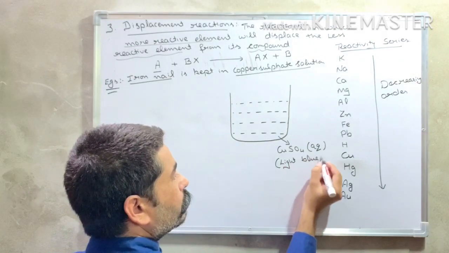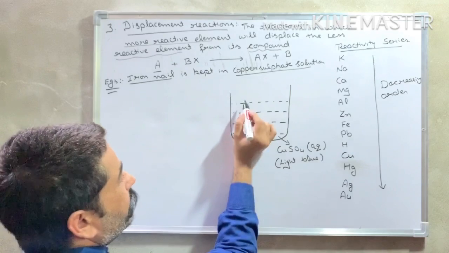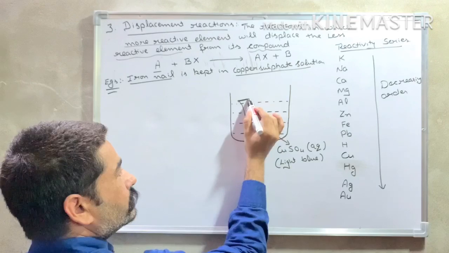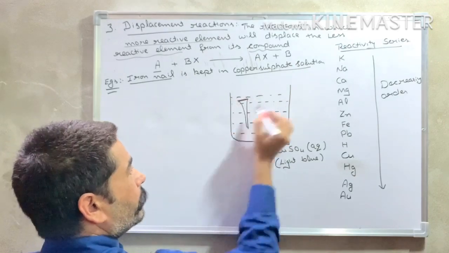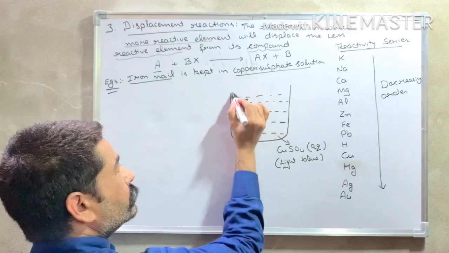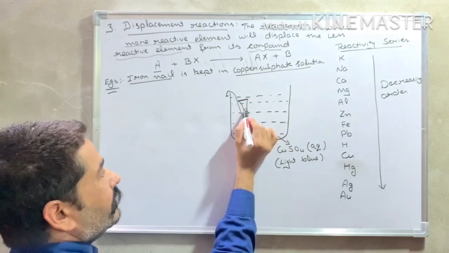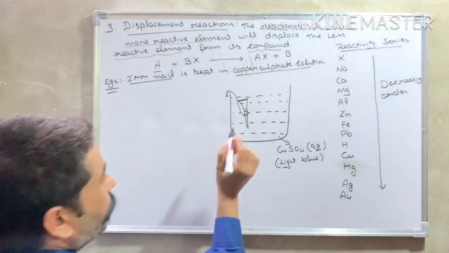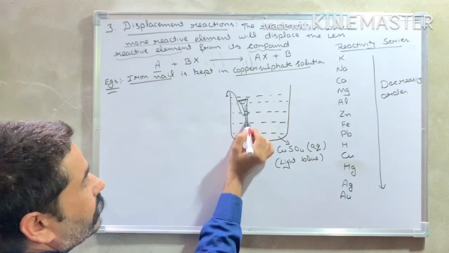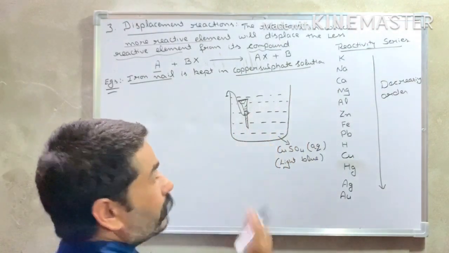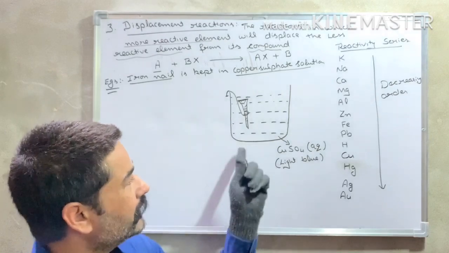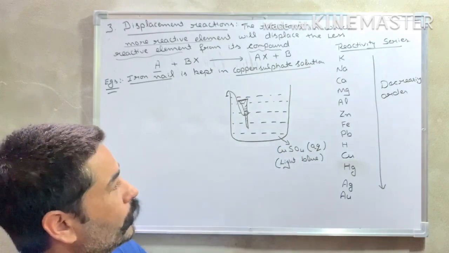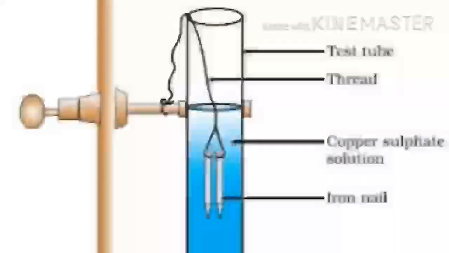Then we'll take an iron nail, and with the help of thread you can put this iron nail inside the copper sulfate solution, then observe after 4-5 hours. Basically I'll take 2 iron nails, one for comparison, so that I come to know what changes are observed in this iron nail as well as in the copper sulfate solution after the chemical reaction. So what would be the chemical reaction of this?